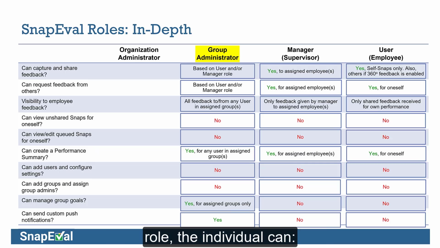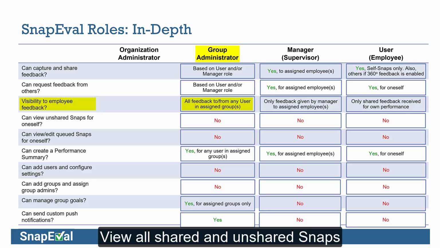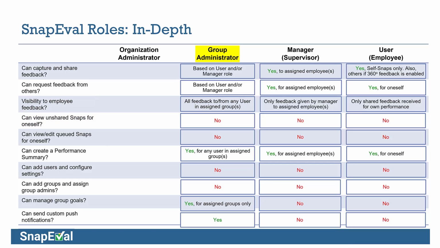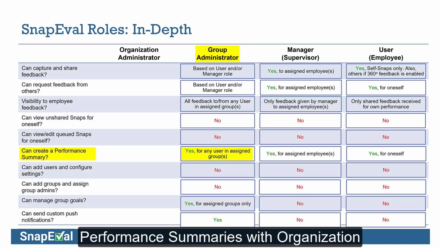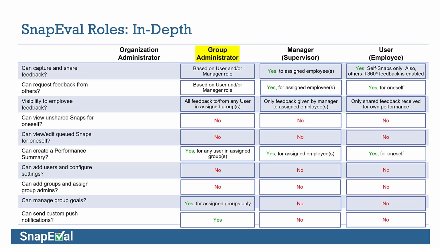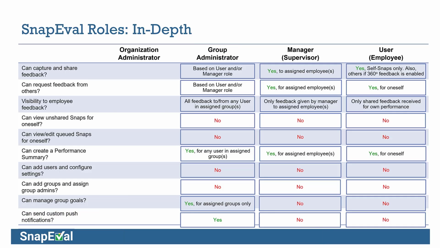Based on the group administrator role, the individual can view all shared and unshared snaps to any member of their assigned groups, view all shared and unshared snaps from any member of their assigned groups, except if the individual is the recipient of an unshared snap, create a performance summary for any member of their assigned groups, collaborate in viewing and editing performance summaries with organization administrators, group administrators, and the performance summary creator, create group-level goals for their assigned groups, and create and send custom rich push notification messages.